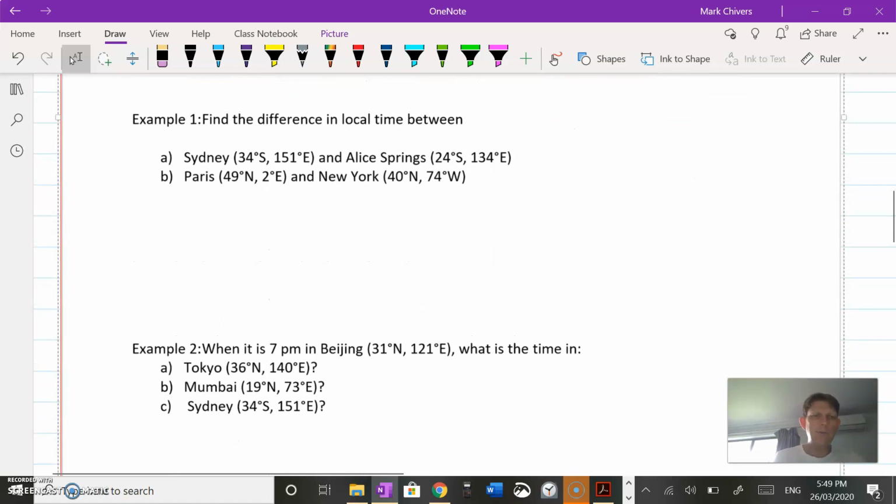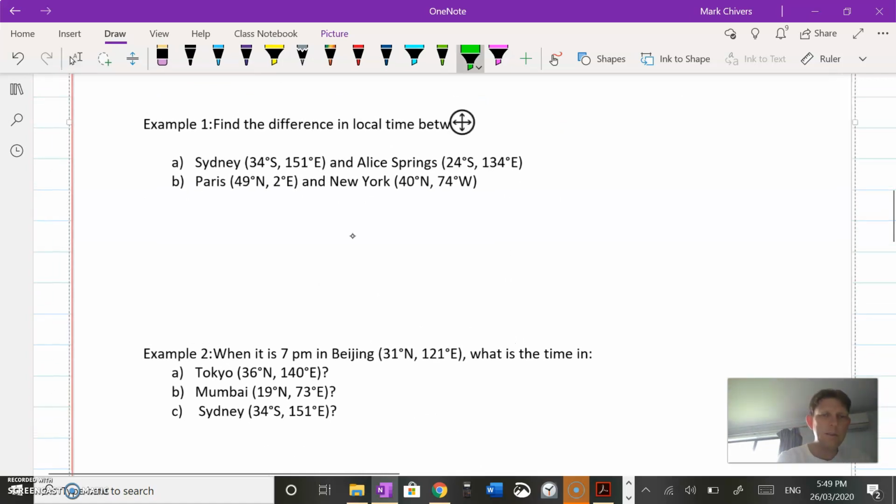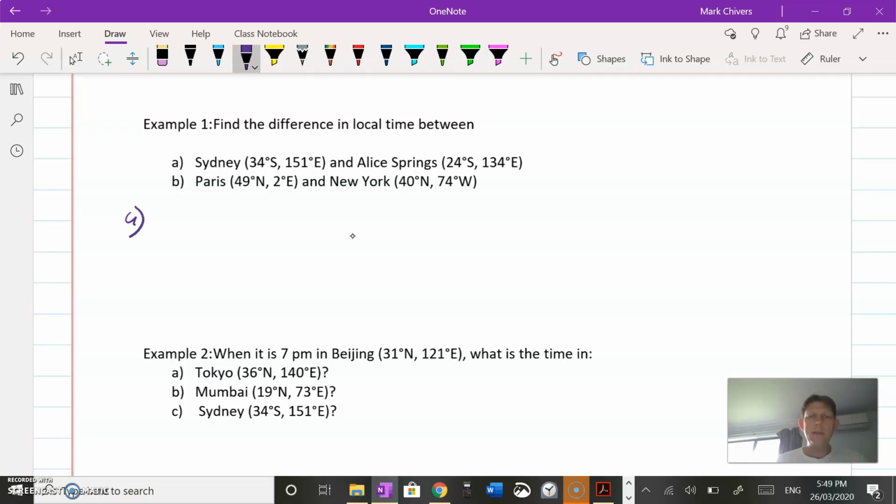So the example given here is Sydney and Alice Springs. Let's do that. If we think of a little timeline here, a number line, we've got Sydney here at 151, and we've got Alice Springs here at 134, and way down here is 0.